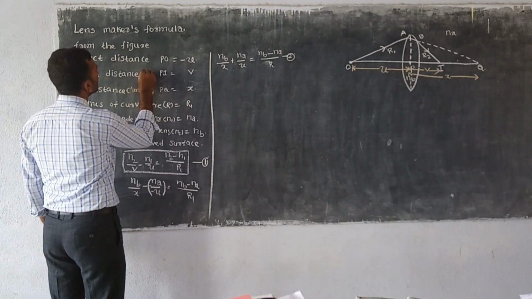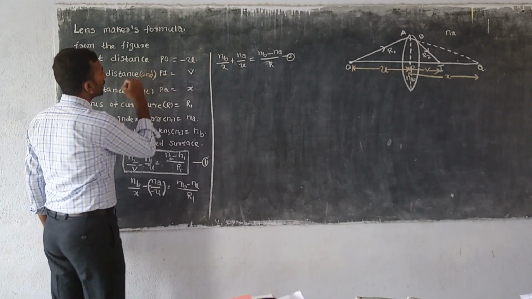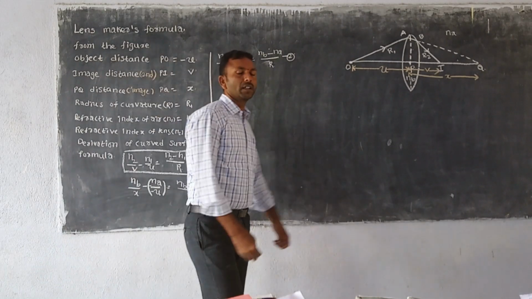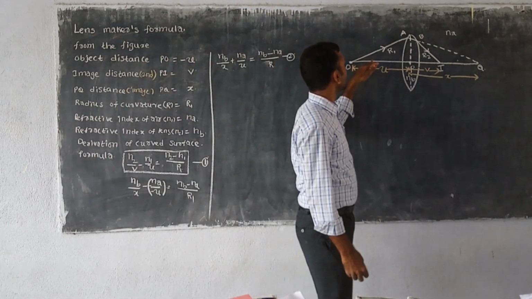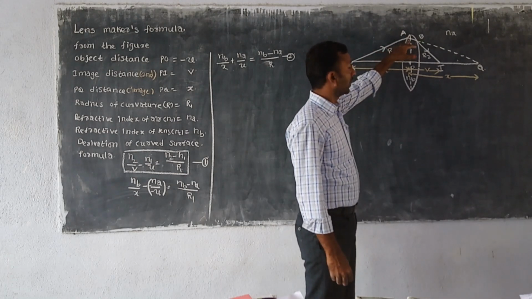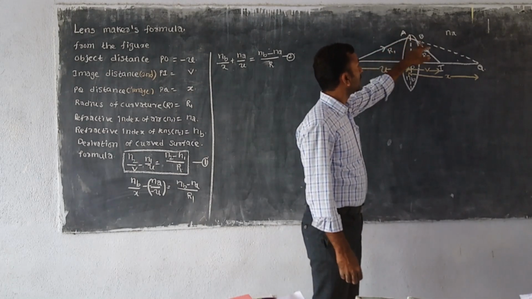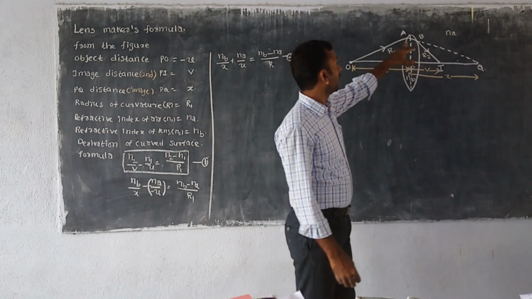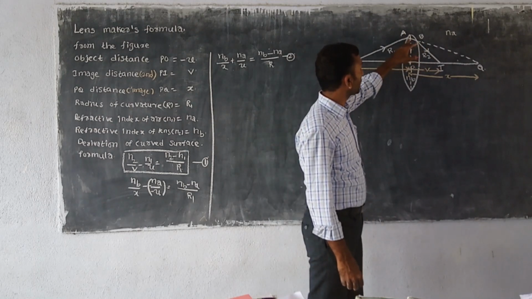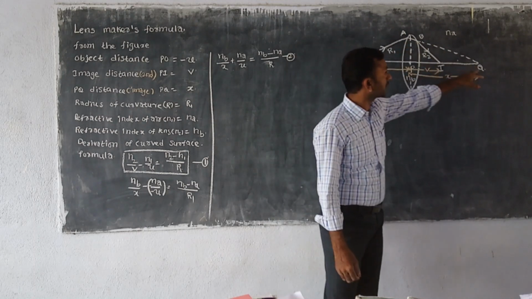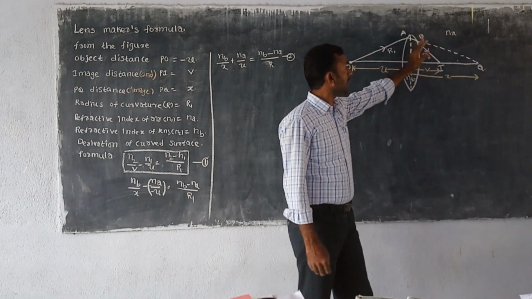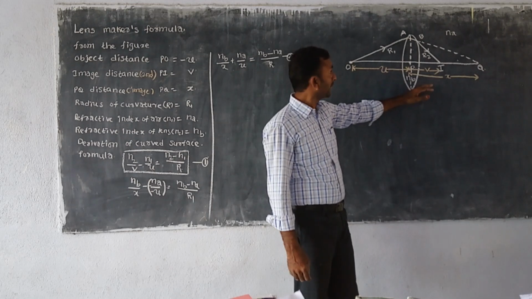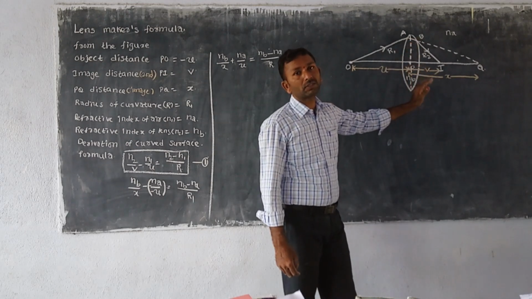And in the second case, remember one thing: when the light ray is incident on the lens surface, it undergoes two refractions. From the first refraction it goes in the direction of Q, as if there were no second curved surface, but the lens contains two curved surfaces.